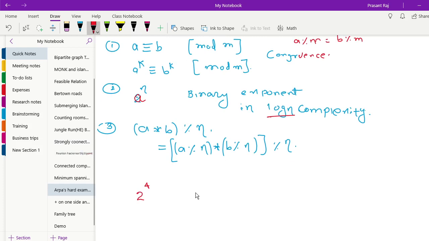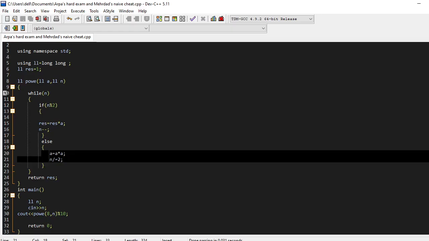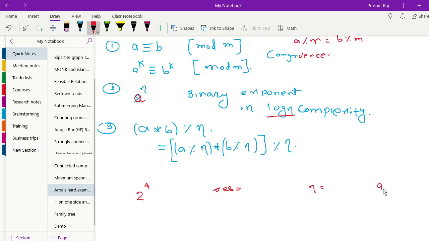We have the variables result, n, and a. Suppose a is equal to 2, n is equal to 4, and currently result is equal to 1.